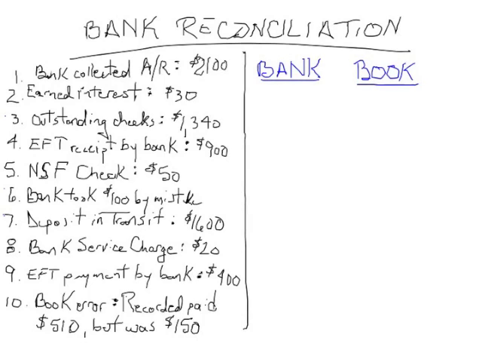Now, of course, we can't go to the bank and say, hey, you need to change your balance. But we're just going to do it here on paperwork to make sure, what cash do we really have? Obviously, what we have on our books probably isn't correct. The right answer of what cash we have lies somewhere in between what the bank says we have and what we say we have. So we put the balance that the bank says we have down first.